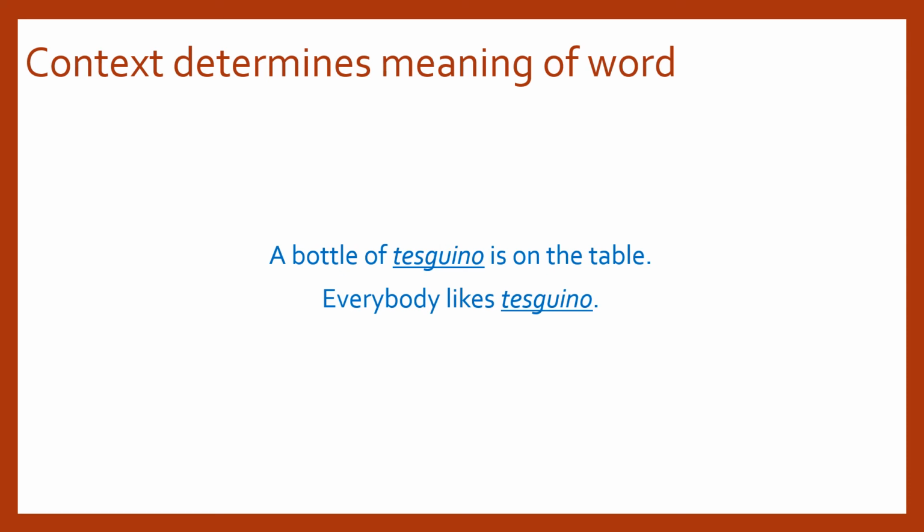Then everybody likes it, so maybe it is something which can be eaten or drunk. Then this word says it makes you drunk, and you become clearer about the meaning.